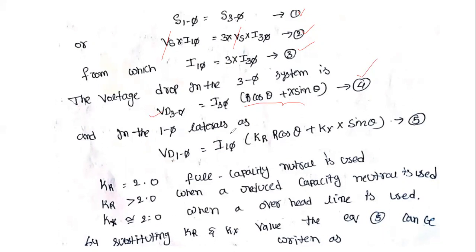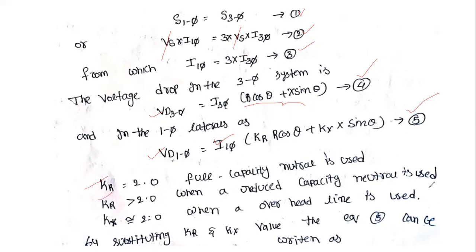And in the single phase laterals, the voltage drop across the single phase system, Vd single phase, is equal to I single phase into (Kr R cos theta plus Kx X sin theta). Consider this equation number 5, where Kx is equal to 2 and Kr is greater than or equal to 2.